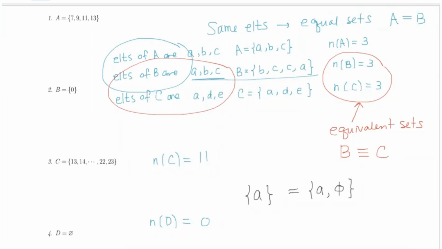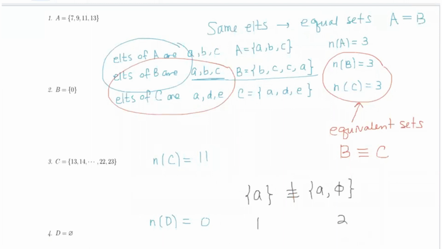Equal set means the same elements. Set A has element A, the empty set has no elements. Do they have the same elements? No, so that's not equal. Okay, my next question. Are they equivalent sets? What's the cardinal number? 1. And the other? 0. They're not equivalent. Okay, so it's the number of elements.